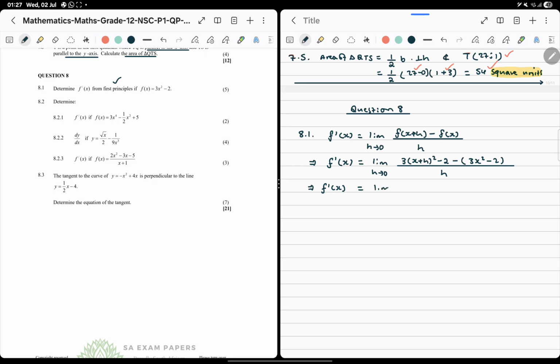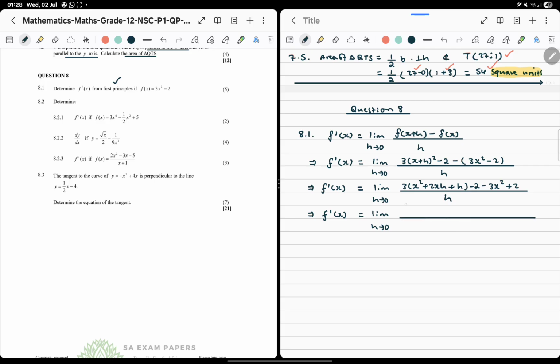Okay, so this implies that f prime of x is the limit as h tends to 0. We expand, so we get 3 into x squared plus 2xh plus h squared minus 2 minus 3x squared plus 2 all over h, which also implies that f prime x is the limit as h tends to 0.